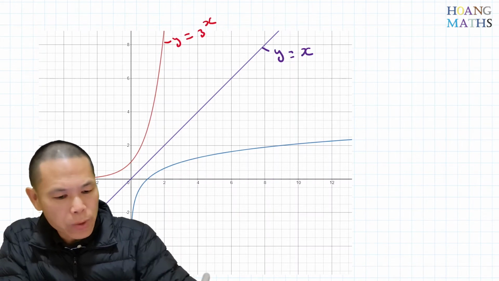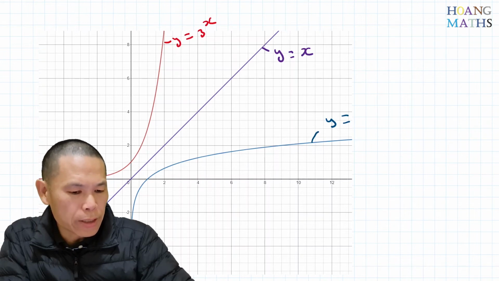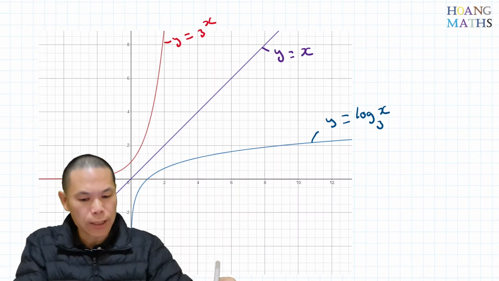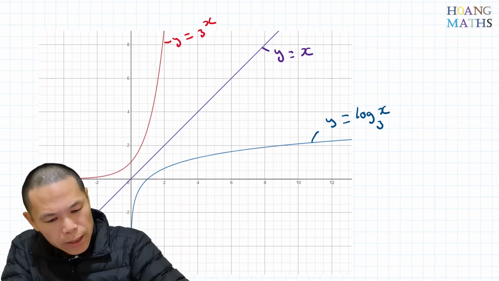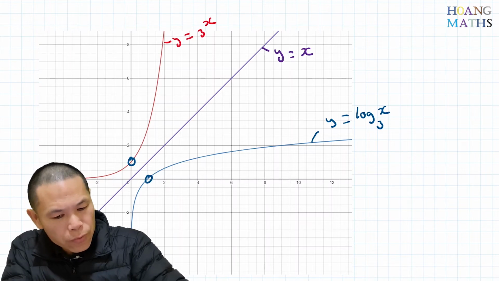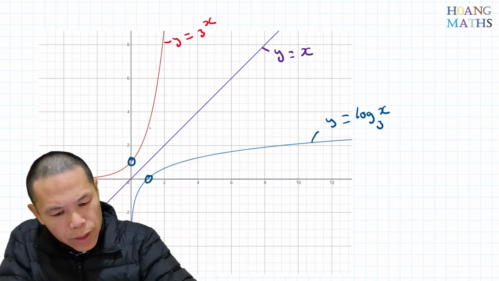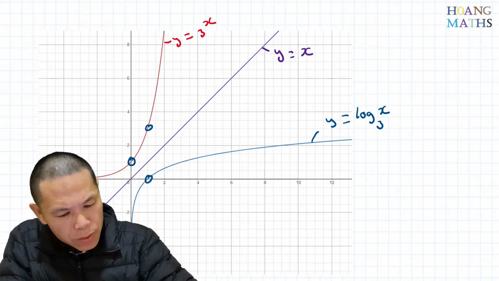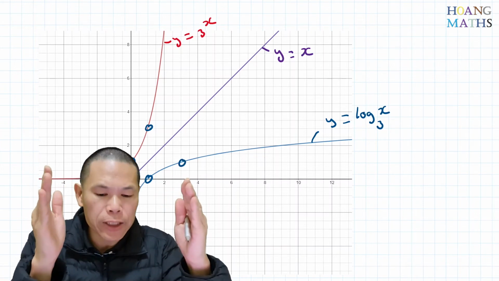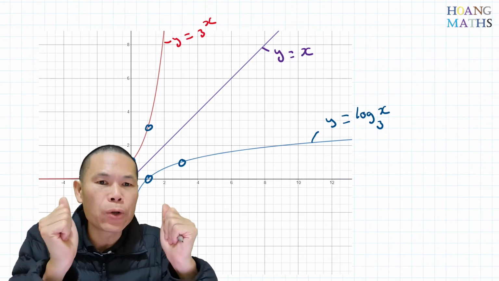And this one here is y is equal to log base 3 of x. This one here is 0, 1, and it becomes 1, 0. And this one here 1, 3 becomes 3, 1. There you go. It's just reflecting about y equal to x.